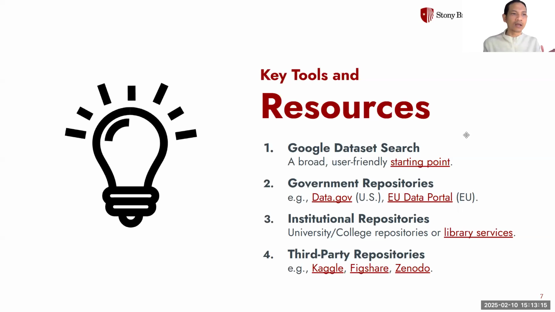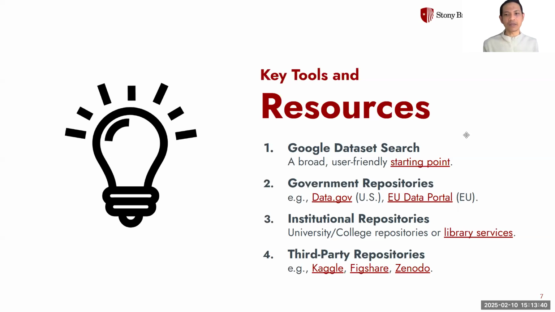But the data is only relevant to their specific region. So data.gov will be any data related to the US population, whereas the EU data portal will be for the European Union population.